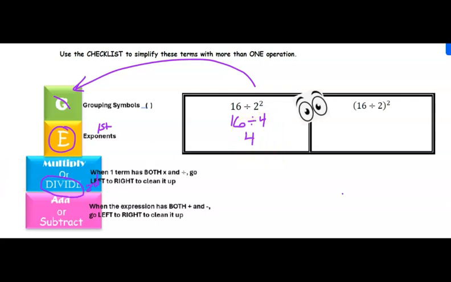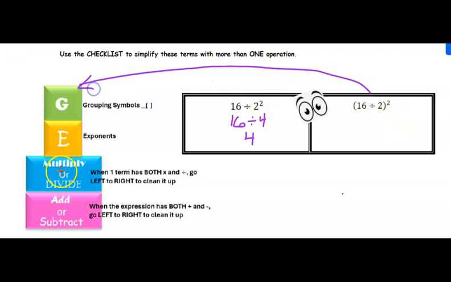All right. Let's go over to our next expression. It also has the same two operations, but they put the grouping symbol on. So when I do this, I am no longer doing division second. It shoots it up inside those grouping symbols. Division is first. 16 divided by 2 is what we're squaring.